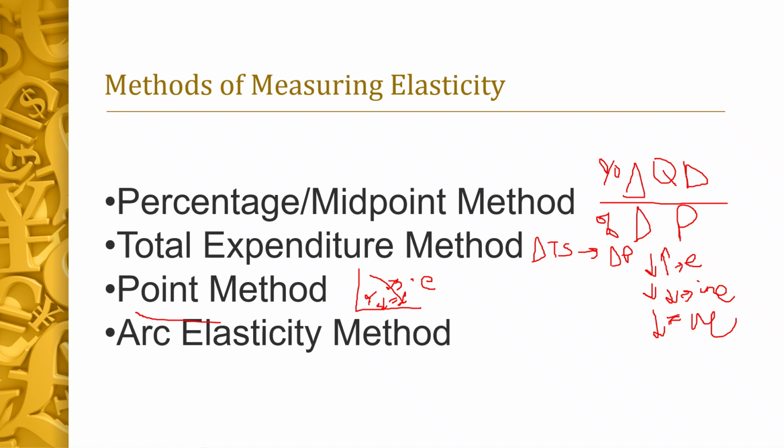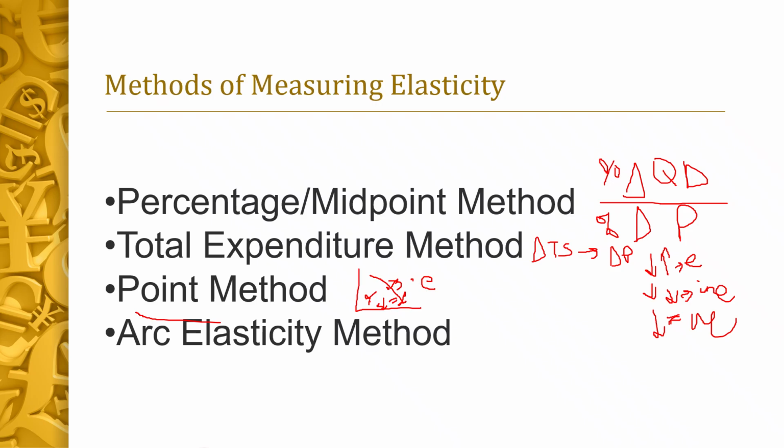So instead of measuring the elasticity between two single points, arc elasticity calculates the average elasticity over a range of prices. Now why is this important? Because prices do not always move slightly. We see sometimes that a company makes a major price revision. So here the arc elasticity provides a more accurate measurement in such cases.